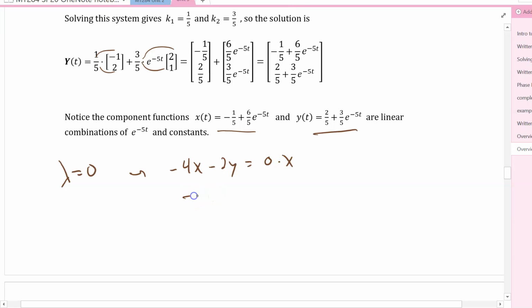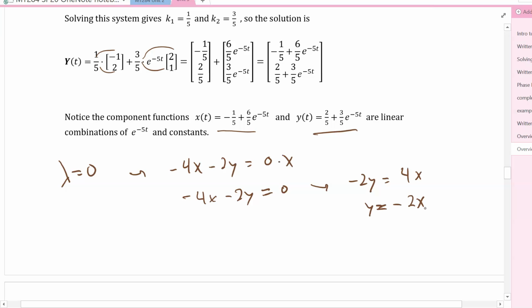Well, 0 times x is just 0. So solving this equation for, say, y, we would get negative 2y is equal to 4x. Dividing both sides by negative 2, we would get y is equal to negative 2x.